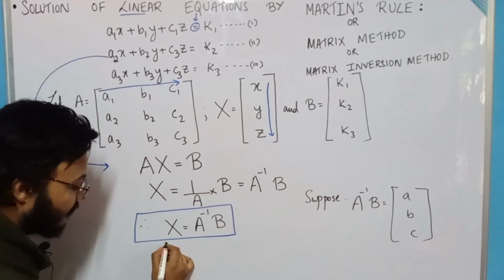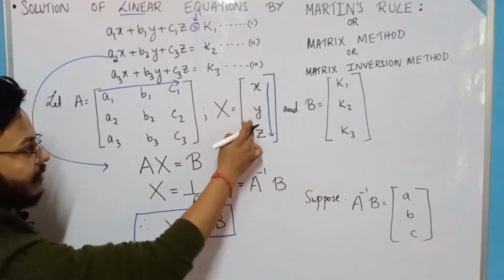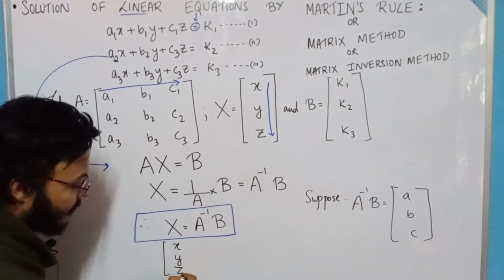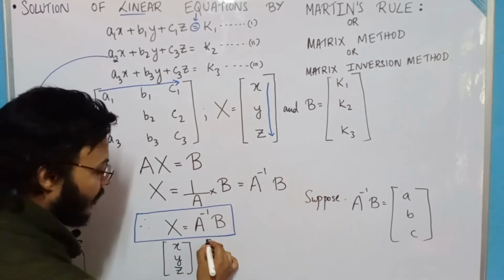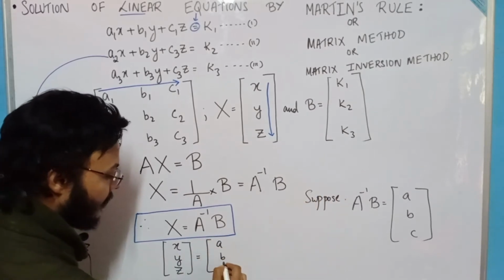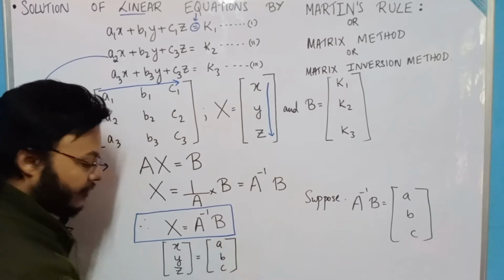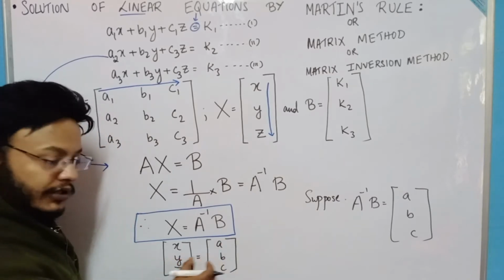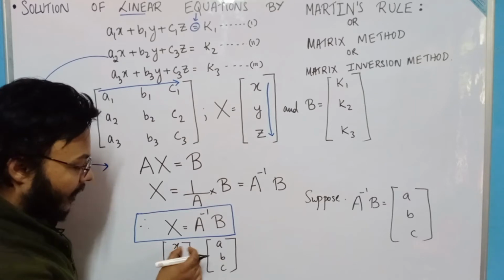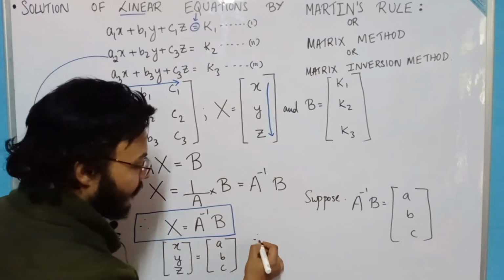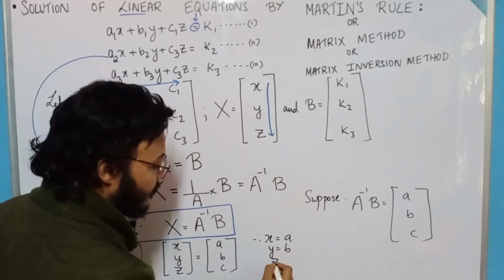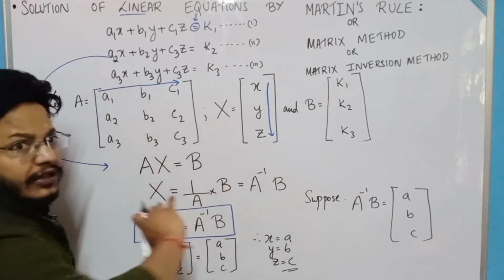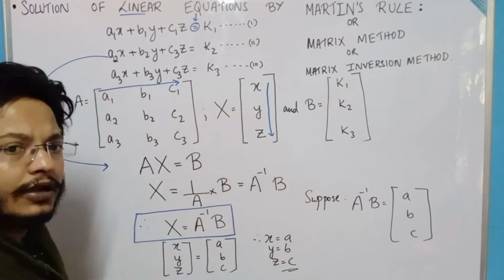The matrix X, Y, Z equals what you just got, A inverse B, which is A, B, C. Now you can see both the matrices are equal. Therefore x equals A, y equals B, and z equals C. Okay, it's very simple and it carries 5 marks. Hope you are clear with this.